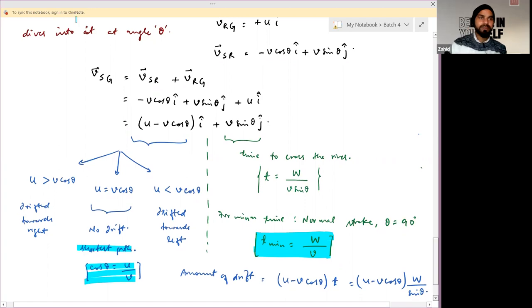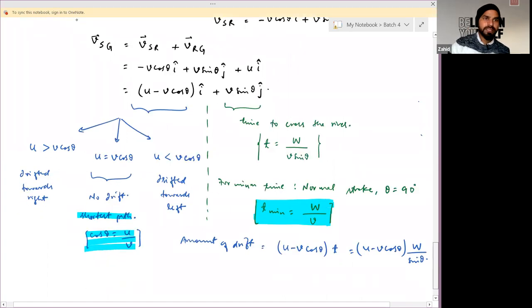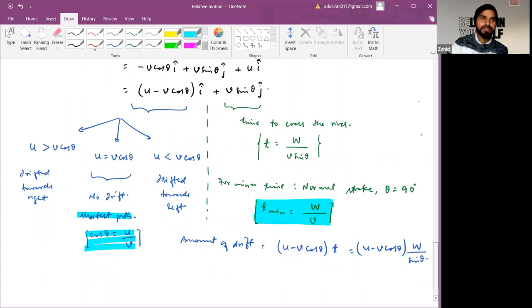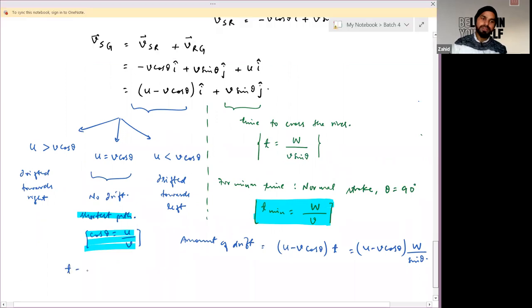If you put this value of theta to find time in this condition, you will get t equals width divided by v times sine theta, or you may write it as width divided by the square root of v squared minus u squared. Just write it down till this part.